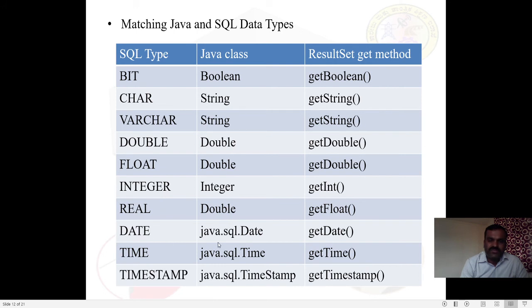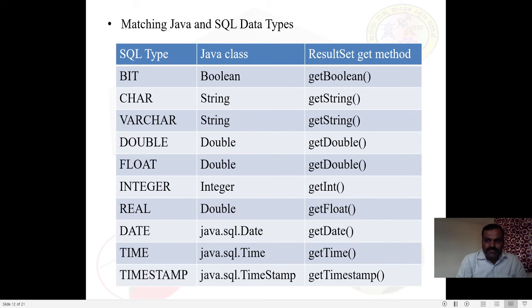Date, java.sql.Date, getDate. Time, java.sql.Time, getTime. Timestamp, java.sql.Timestamp, getTimestamp. These are all the matching of SQL data types to Java.